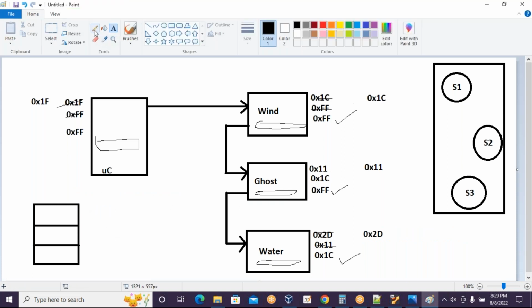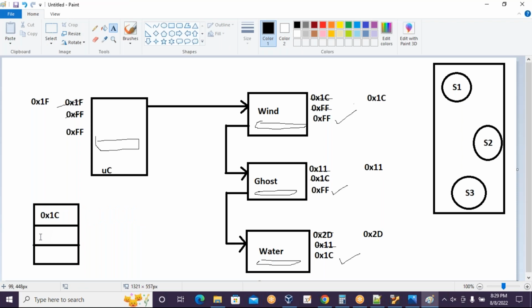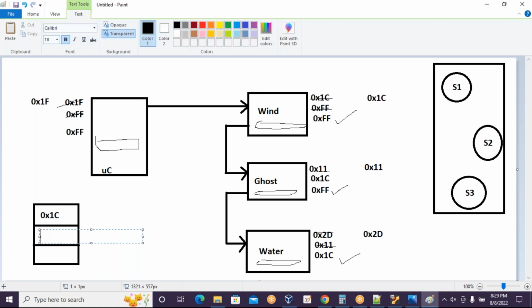So what I will do initially, whenever I want to write into a specific slave, is make sure whatever value is present in the shift registers is stored into an array. I take an array of 3 elements because I have got 3 slaves. So I write the values here: 0x1c is what the first slave has, 0x11 is what the second slave has, and 0x2d is what the third slave has.